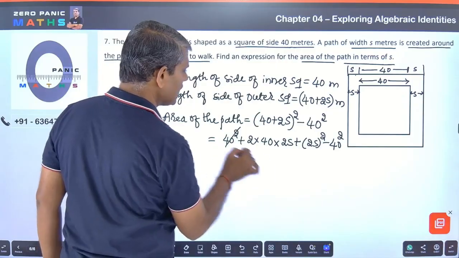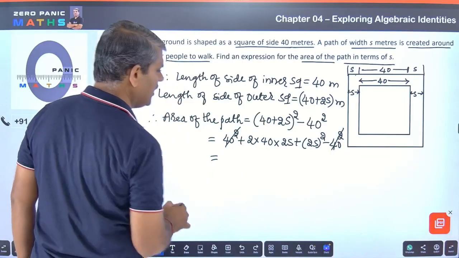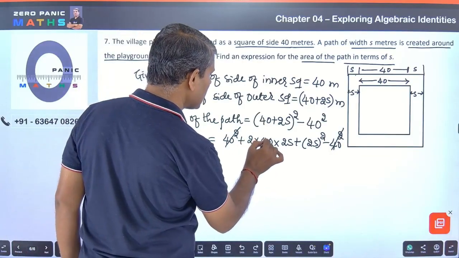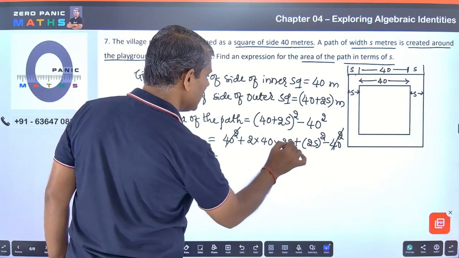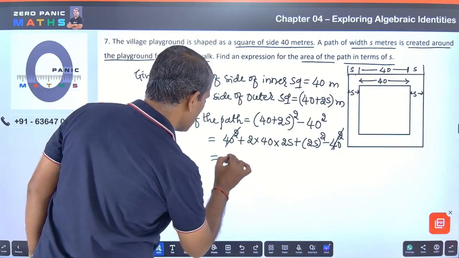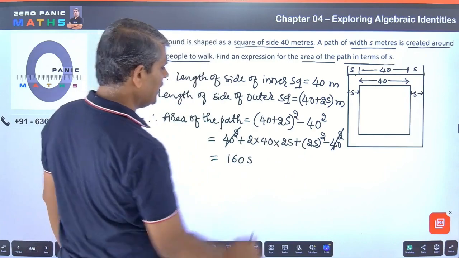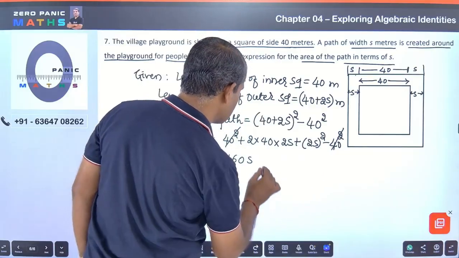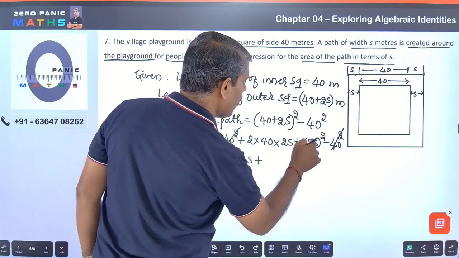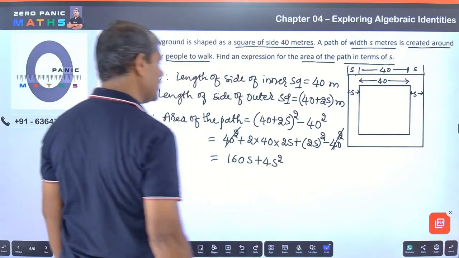So plus 40 square minus 40 square got cancelled, and what remained is 2 4s are 8 and 8 2s are 16. 160s is what remained, right? It is plus, so 160s remained. And the other term remaining here is 4s square.